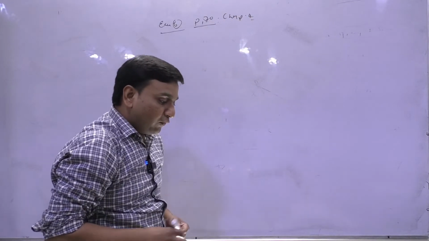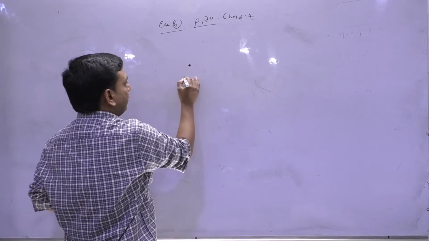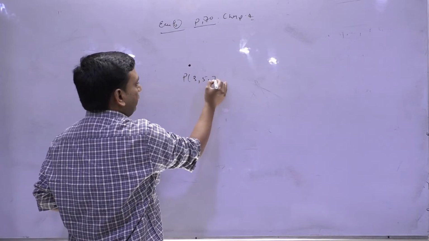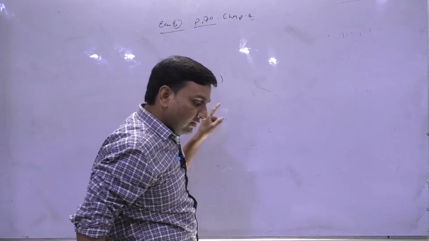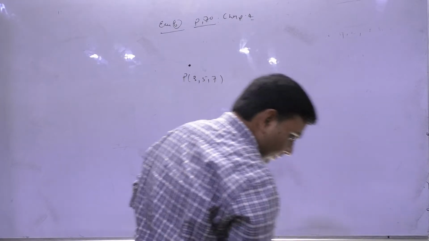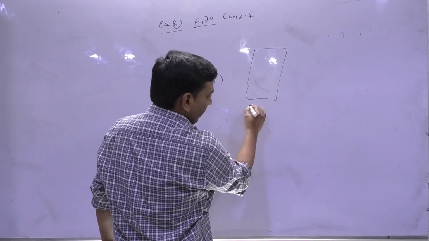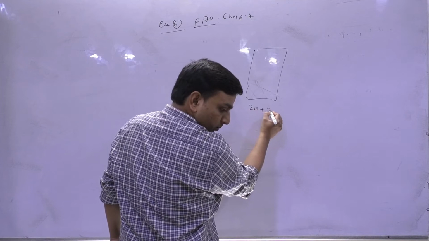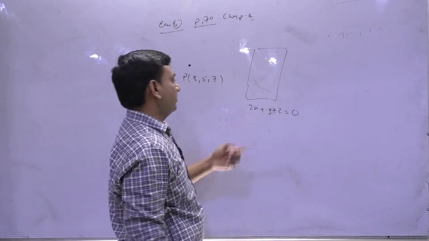What is it saying? Find the image of a point 3, 5, 7 in the plane. Where did the equation of the plane go? Okay, in the plane 2x plus y plus z equals 0.